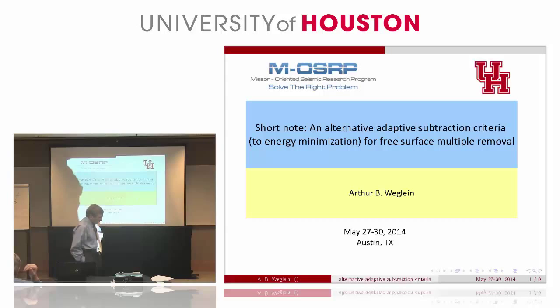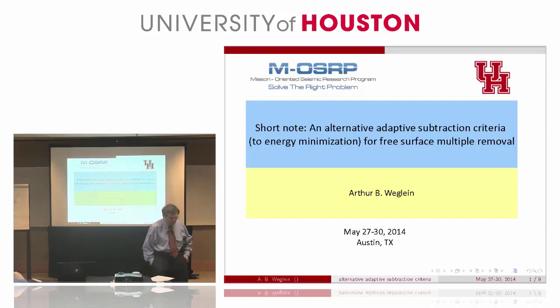So you've seen Chow Ma talk about reduction of spurious events. You've seen Yang Li talking about elimination of internal multiples in a 1D Earth. Please understand, as Yang Li mentioned, it's a reverse engineering problem.